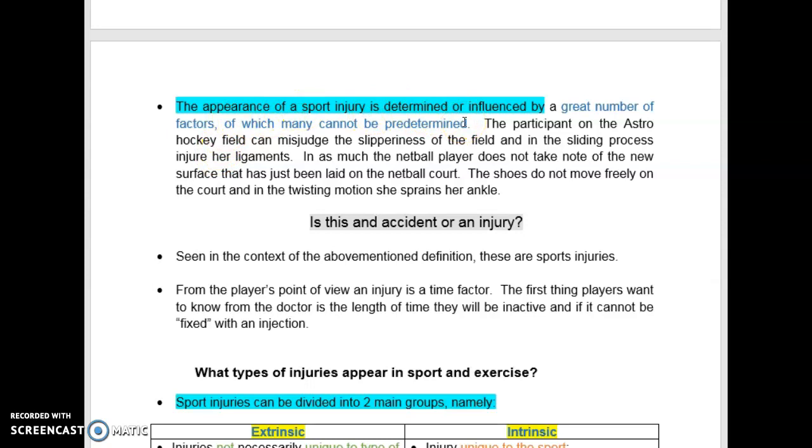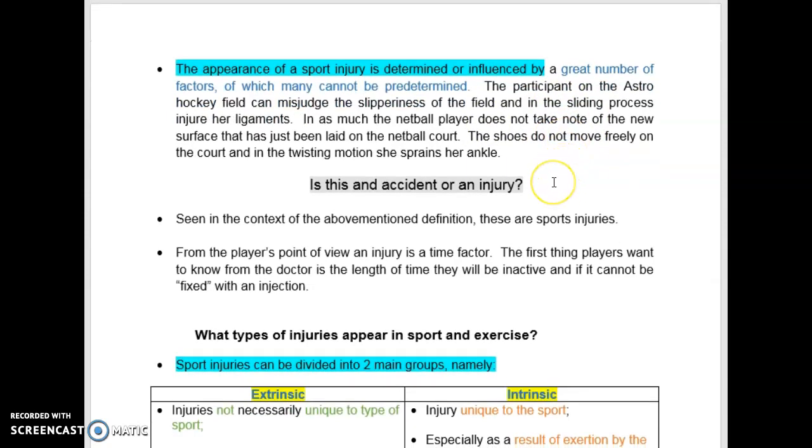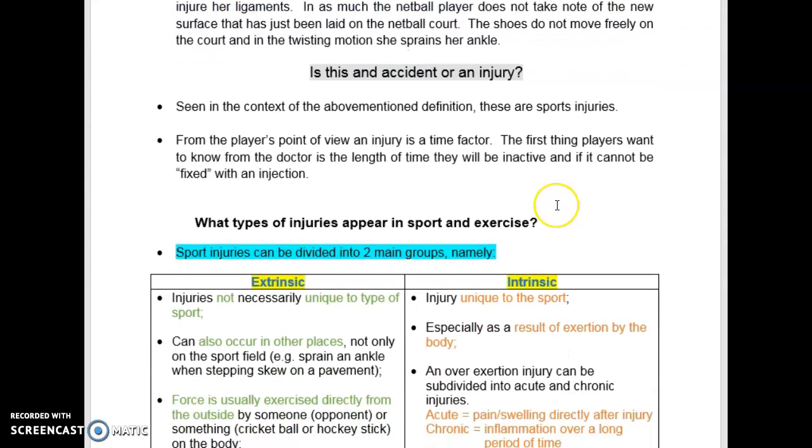It might be somebody sliding, misjudging the slipperiness of a field and tearing a ligament, or a netball player that doesn't take note of the new surface, and her shoes don't move as freely as she's used to on other surfaces, and she sprains her ankle. So it cannot be determined at all.